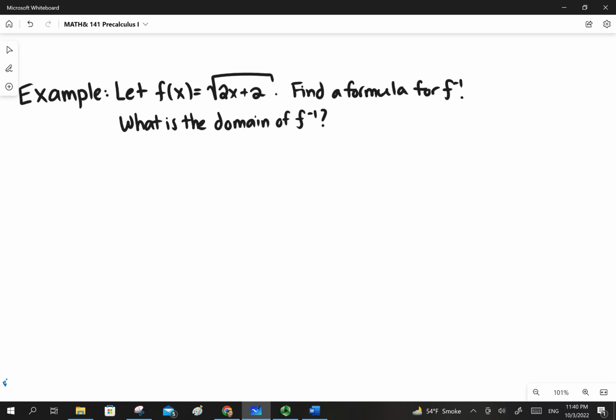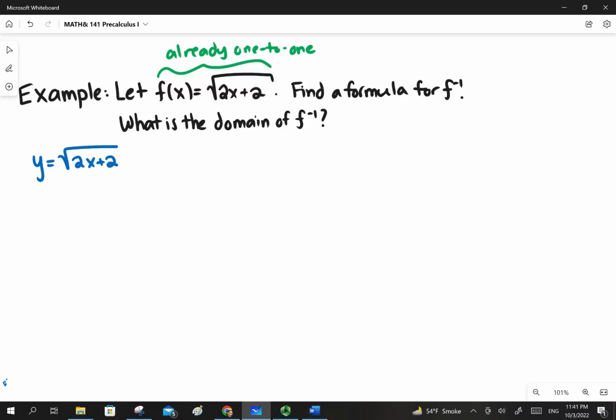Find a formula for f inverse and what is the domain of f inverse. For this example, we don't have to restrict the domain of f of x because square root functions are already one-to-one. So we can jump right into finding the formula for the inverse.